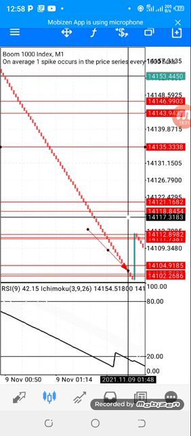Now, the first one is running because you are using 0.20. The first one is running presently. Now, when you want to martingale that first martingale, your lot size will now be 0.2 multiplied by 1.2. That should be 0.24. So your first martingale will be 0.24.